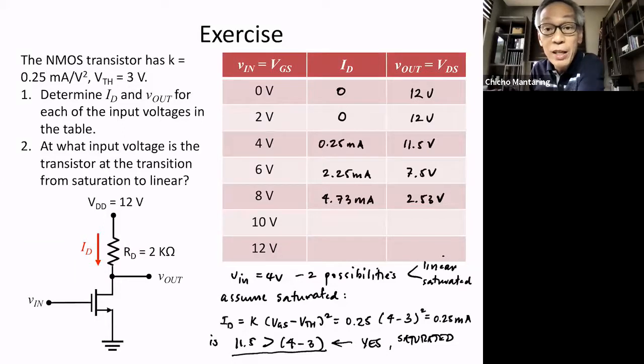When Vin is greater than 3 volts, your current becomes greater than 0. And since VDS is most likely going to be larger than VGS minus VTH, then that's almost surely going to be in saturation mode. So try to do that on your own, and then we'll continue the discussion next time.